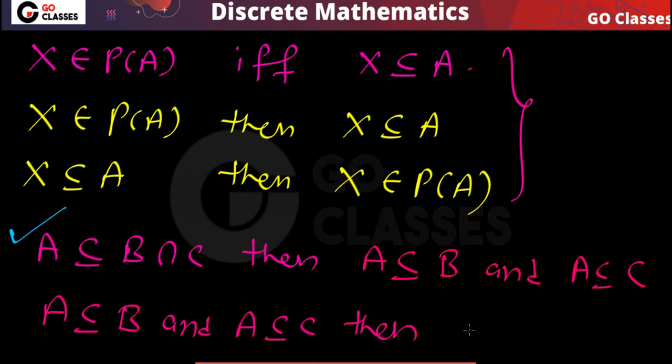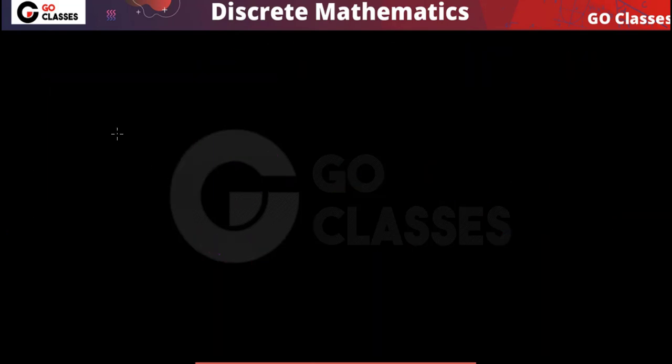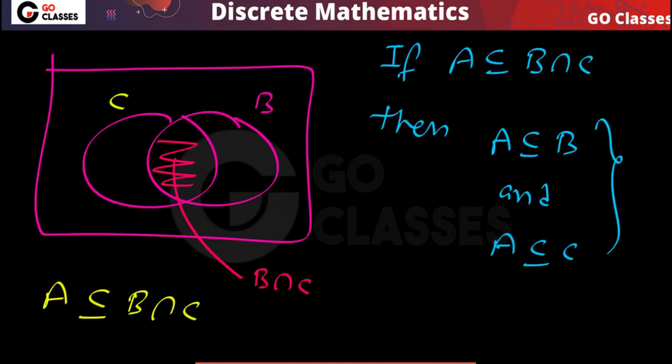Then I can say that A is a subset of B intersection C, because every element of A is common between B and C. So basically these are the concepts we are using.